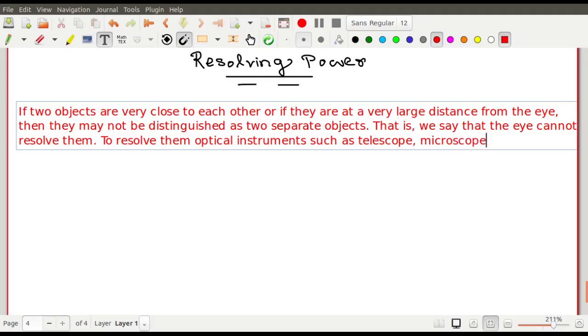Within the microscope, you look over the biological objects, the view is magnified, and you get some ideas about those objects and their features, identifying characters you used to do under a microscope. But we use the microscope not only for magnification, but for resolution purposes also, such as telescope, microscope. To resolve them, optical instruments like these are used, right?